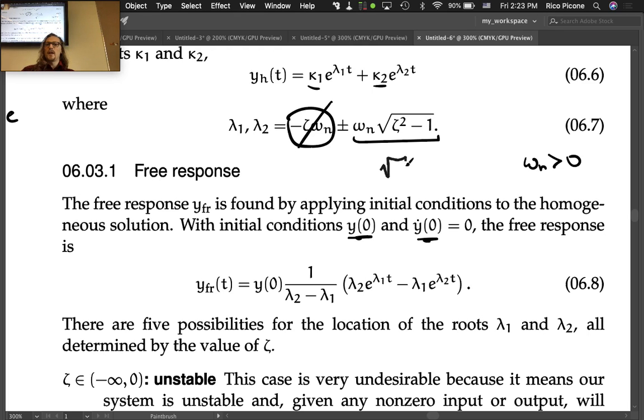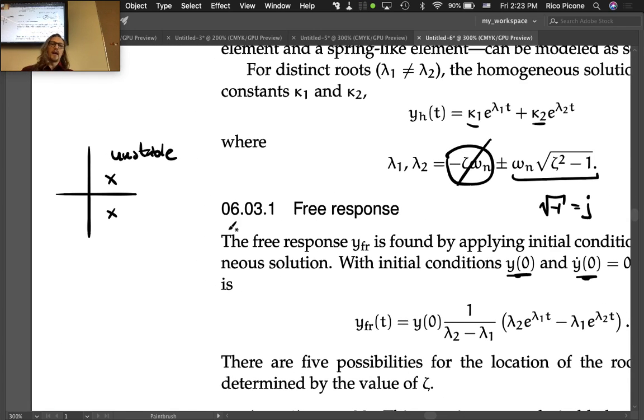The square root of -1 is just j, right, our imaginary number. And so our roots are at plus and minus j omega n. So they're right on the imaginary axis, right? So we have this marginal stability, and if you perturb it, it's just going to oscillate forever. This is your friend that never wants to go to bed. Bring it to the party, and it just stays up and continues to be ready to go. Exhausting, but fun.